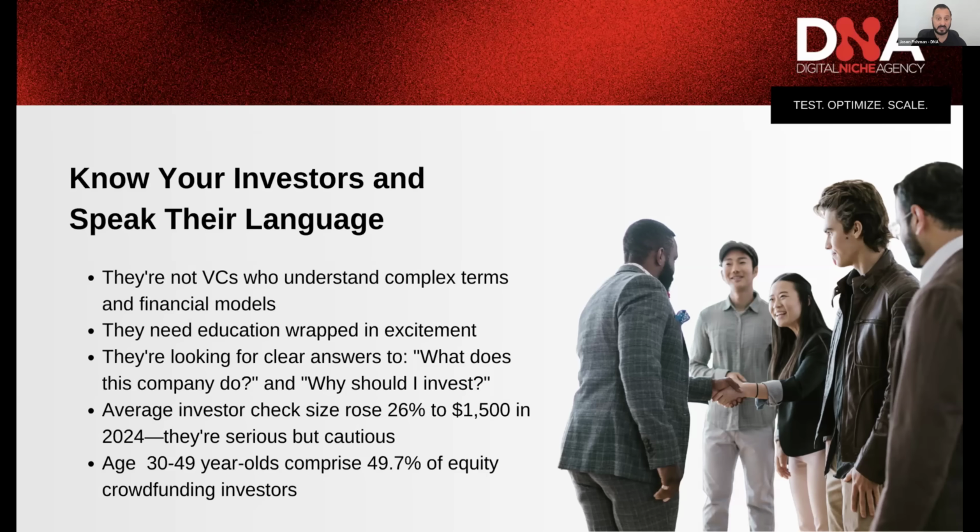The average investor check rose 26% from $1,190 to $1,500 in 2024. They're serious but cautious. And age 30 to 49 comprise 49.7% of equity crowdfunding investors. This is per data on King's Crowd. So that's different than the gold IRA investor, where over 65, very specific political views.